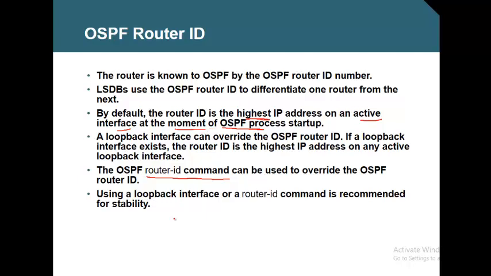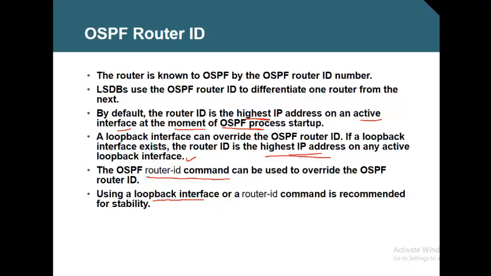First preference it will give to the loopback interface. If there is a loopback interface, the highest IP address among the loopback interfaces will be picked. If you have made more than one loopback interface, it's going to pick the highest IP address from the loopback interfaces.